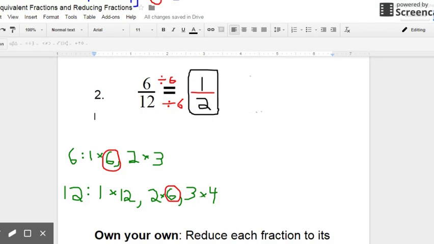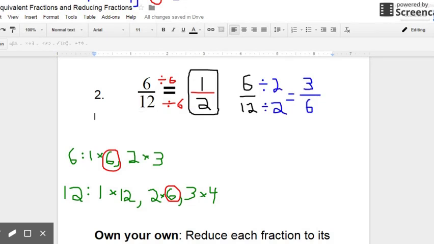Start off with 6/12 again. Numbers get smaller. Remember, the fraction is equivalent, the same value. And I get 3, and then 12 divided by 2 is 6.